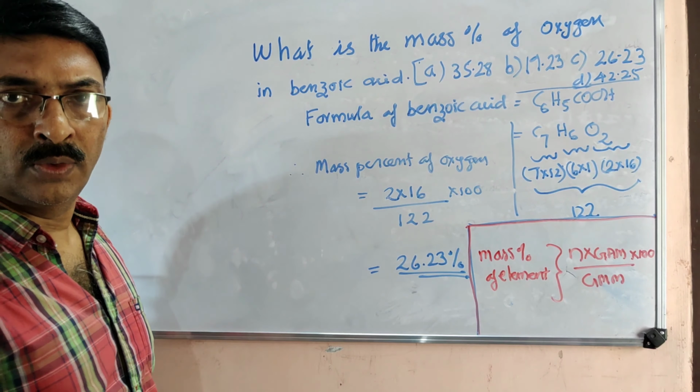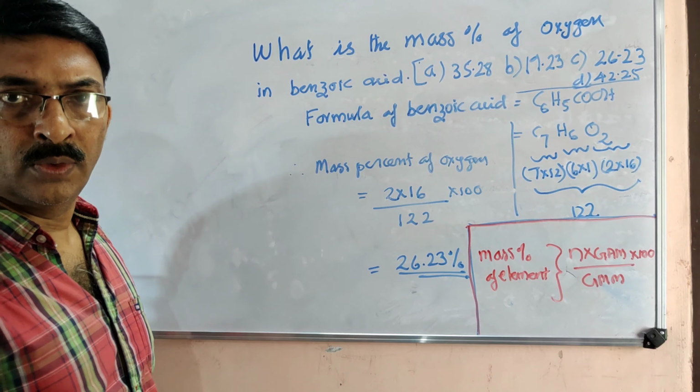Now the next question is from multiple proportion. In A3B4, the percent mass of A is 40. Then what is the formula if the percent mass of A is 25? This is also based on the principle of two elements forming two compounds. Here we can straight away apply this equation.